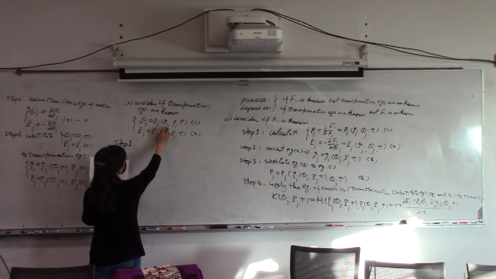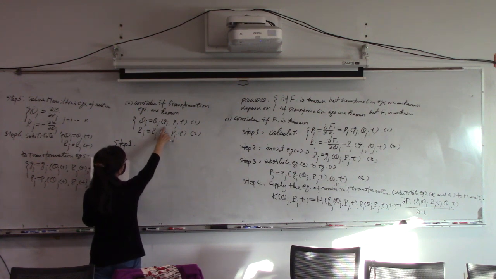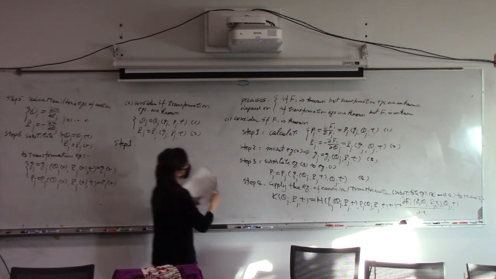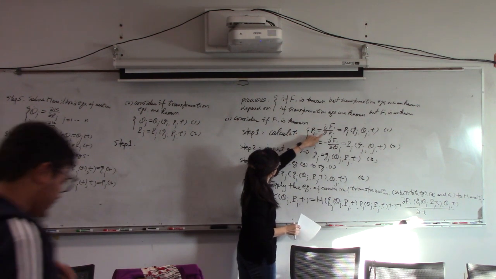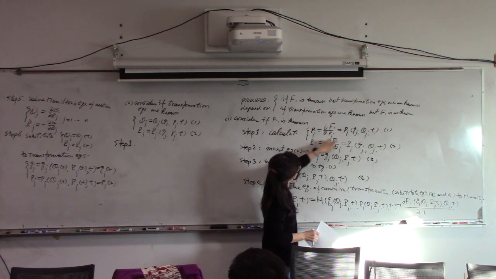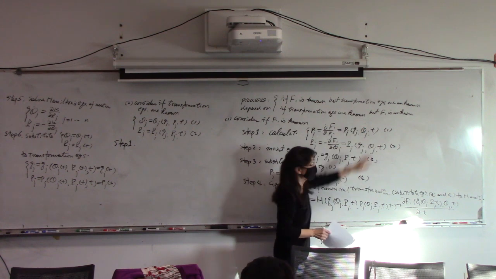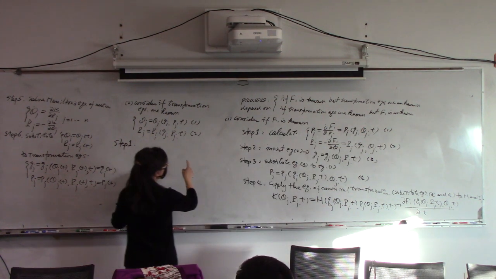from here, for example, you find this one. If an F1 exists, you find this Pj is a function of Qj and capital Qj, not capital Pj. So you are going to find how to find this.